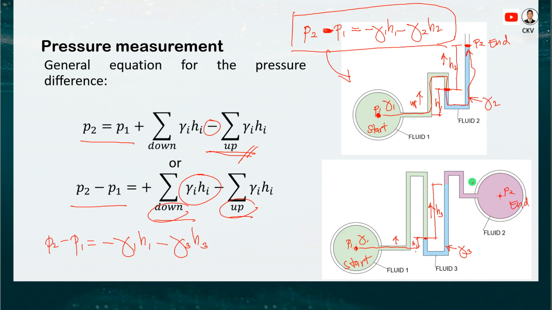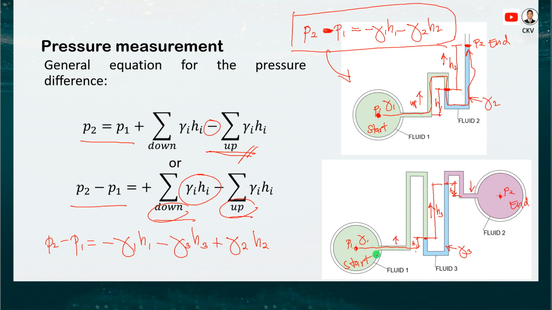And the last is fluid number 2. Started here and ended at the location of P2. So the difference in elevation is this one, say H2. The starting point is higher than the end point, so it's going downward. So started here and ended there, H2, so positive unit weight 2 H2.